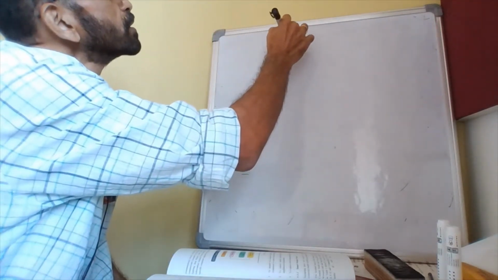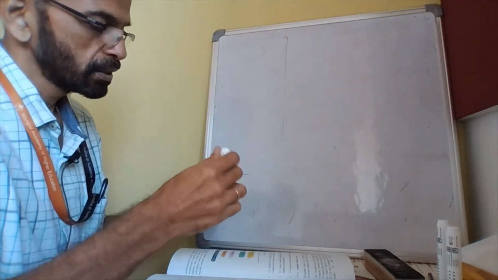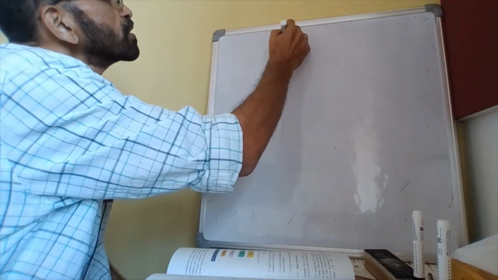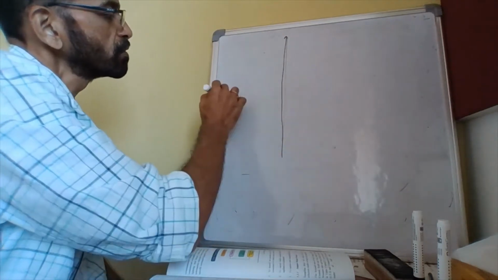So the signal space diagram and the constellation will be like this.